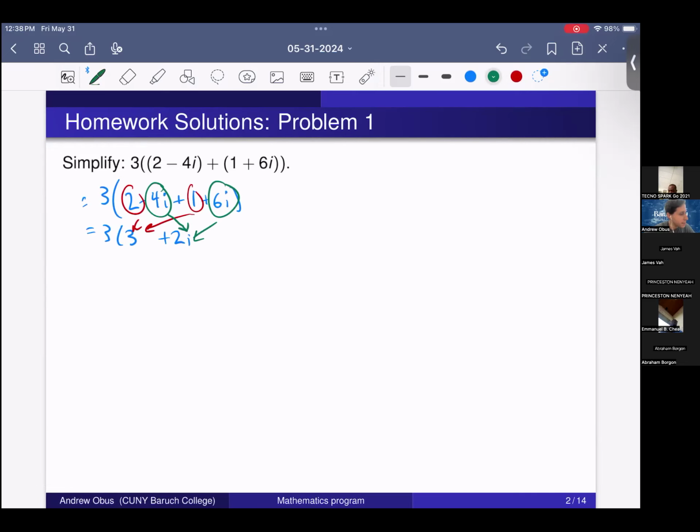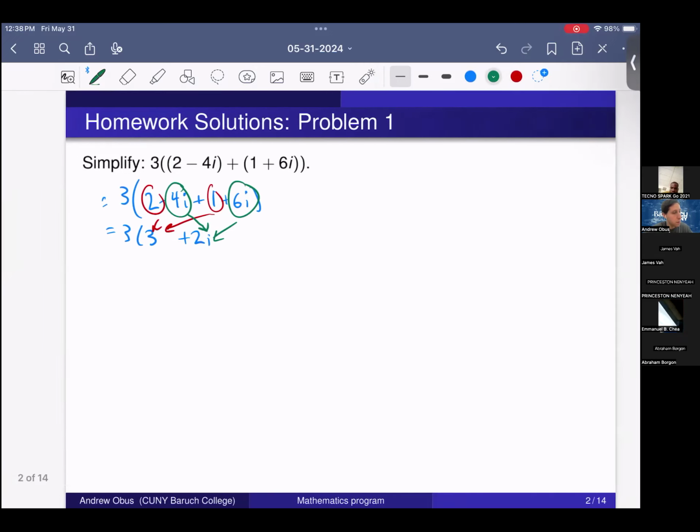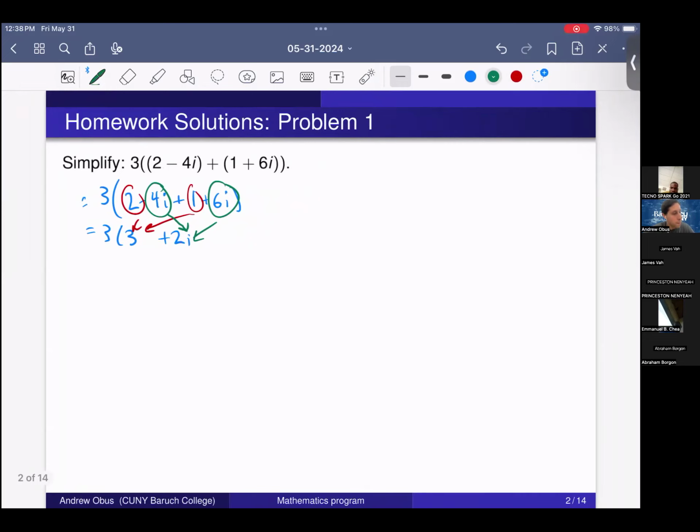So now 3 times 3 gives us 9, plus 3 times 2i gives us 6i. 9 plus 6i. Exactly right.